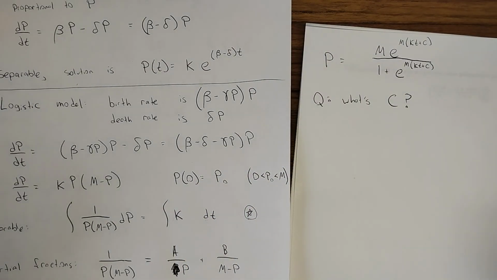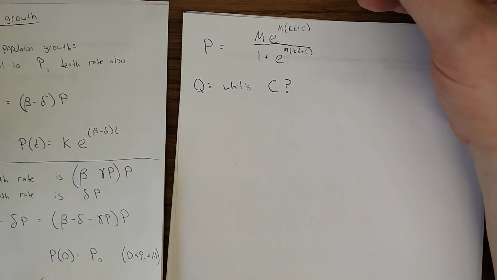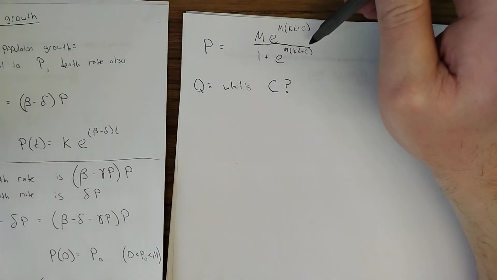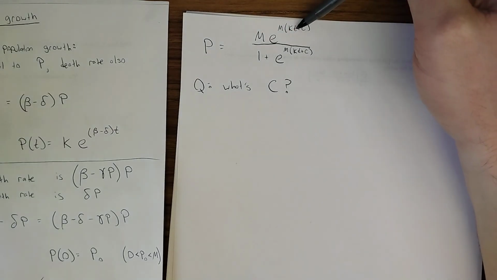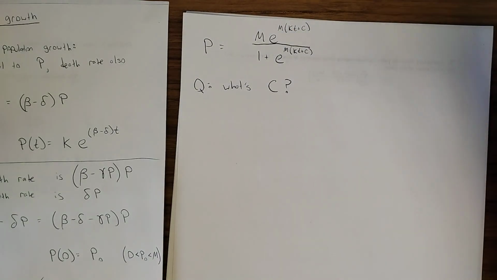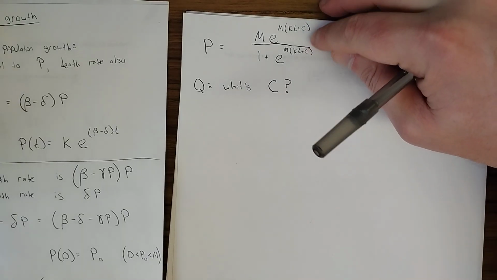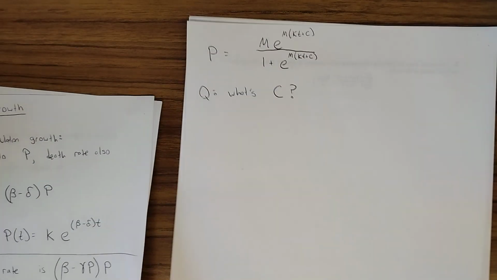P of time 0 is P naught, and that should allow us to solve for C. What I don't want to do is use this for that, right? Like I could plug in P naught here and plug in 0 for T, but then I would have to solve that equation for C, and I have C in 2 places, and it would be doable, but I don't want to do it. Let's do something else.